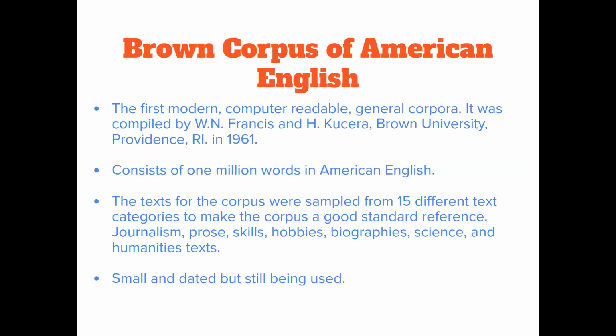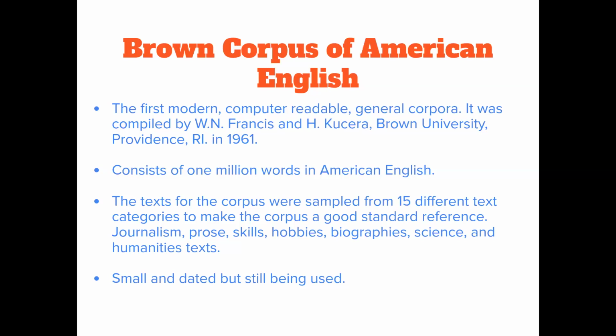So the text that we're going to be using, or should I say the corpus, is the Brown Corpus of American English, and it was created back in 1961 by a couple of scholars at Brown University. It was the first modern computer-readable general corpora. So I like to use that. It consists of 1 million words in American English. So just representative texts were used from 15 different categories, just so they could have a good standard reference.